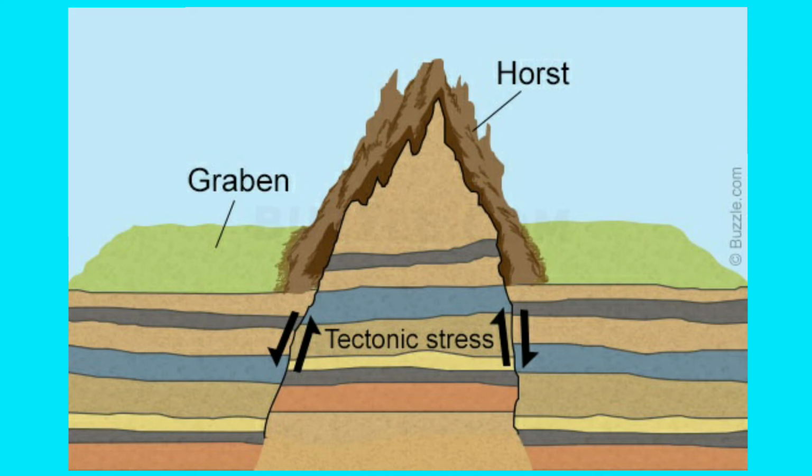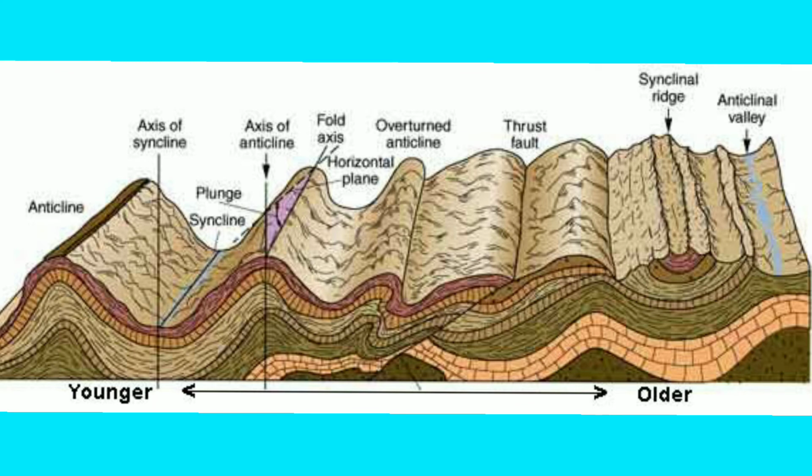Okay, so after the fold mountains, it is also to be remembered why they are called fold mountains, because they have formed due to extreme compression from both the sides. It's a horizontal compression.